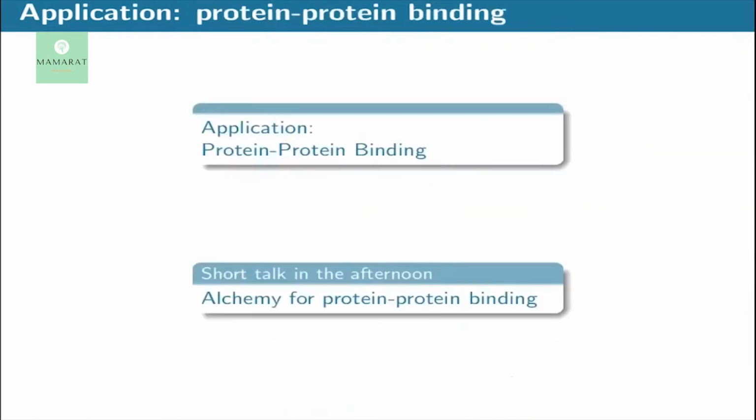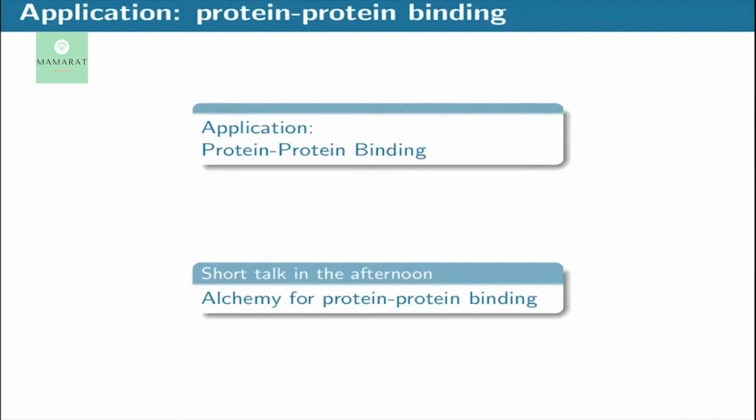So this would be it for the free energies for the amino acid mutations. I have one more application that I would like to talk about. It is amino acid mutations in the protein-protein binding process.